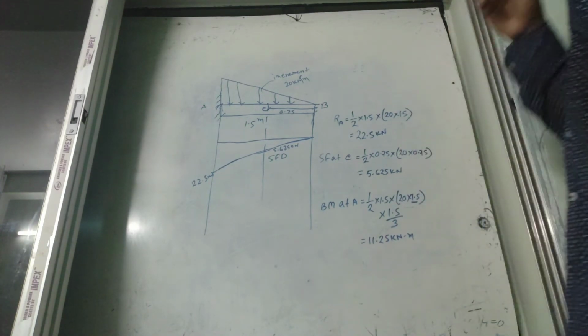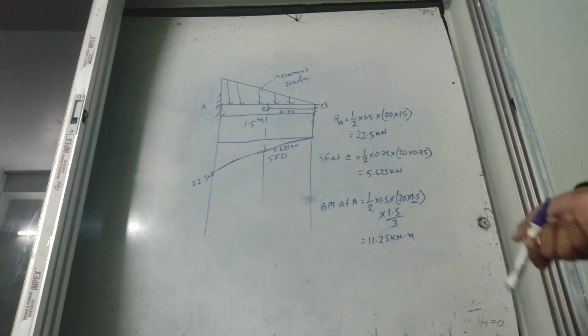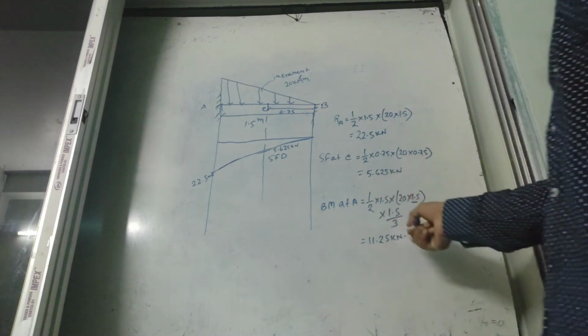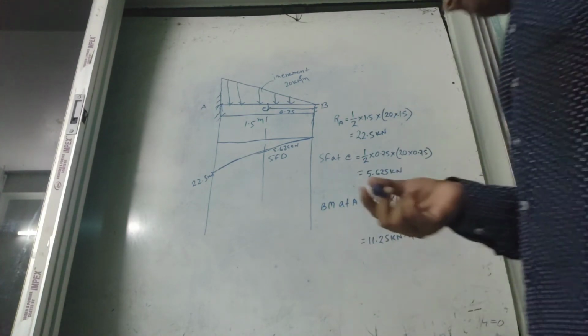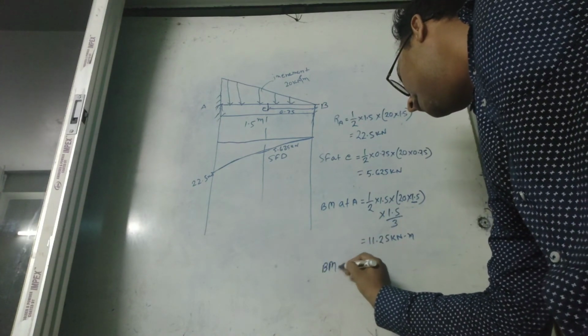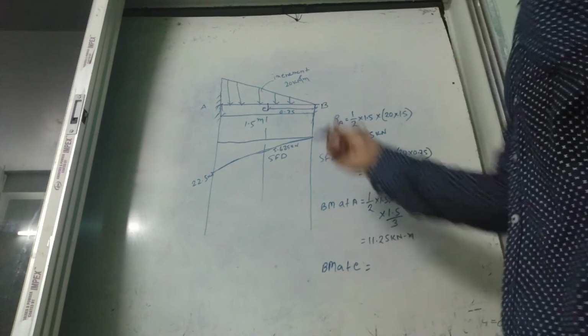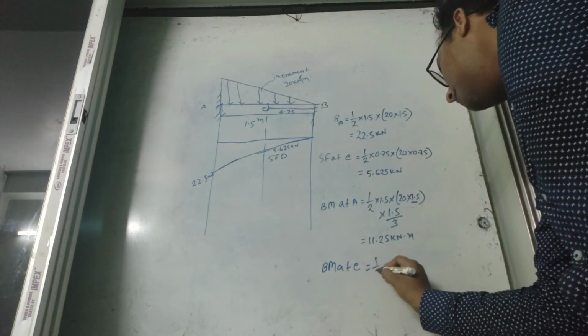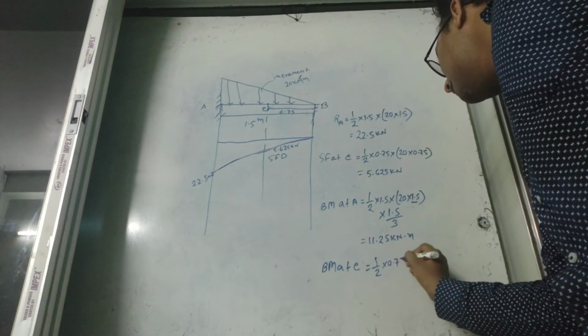Force is multiplied with distance, so the bending moment unit is also kilonewton meter. And BM at C point, BM at C is also half into base, in case of C point, 0.75.